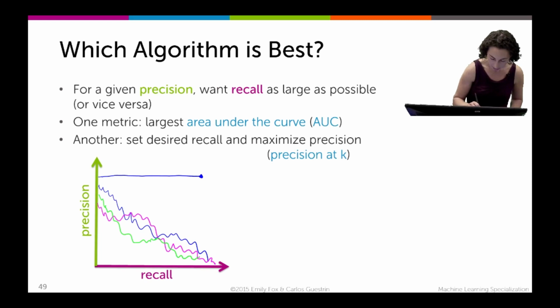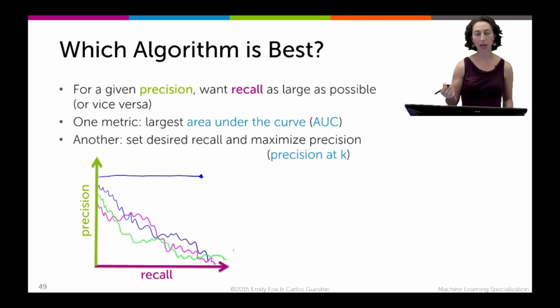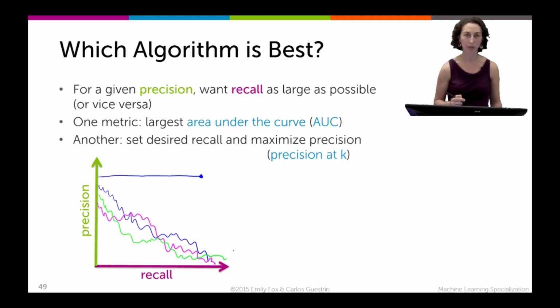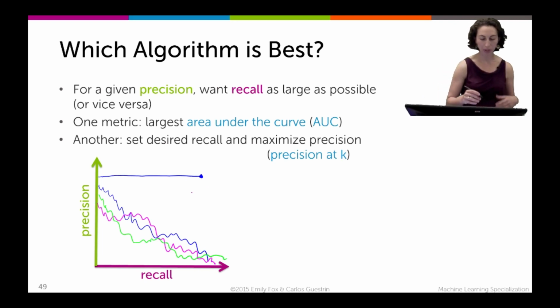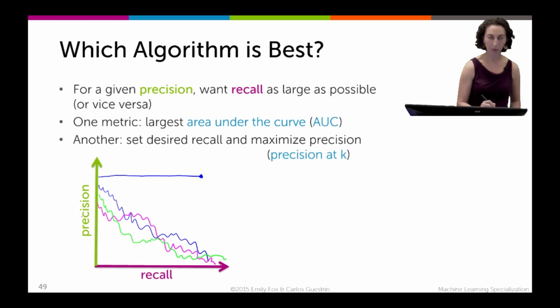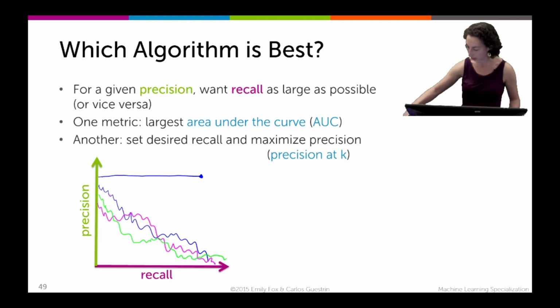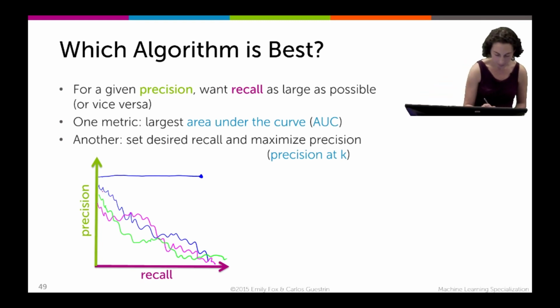So in this case, how do I think about comparing these different algorithms and choosing which one is best? Well, like I said, we want precision and recall to be as large as possible, but one thing we can measure to compare these is, in general, which one is doing better than the other. And what's a way to think about that? Well, we can think about the area under the curve. So we can look at, for example, all this area under this blue curve.